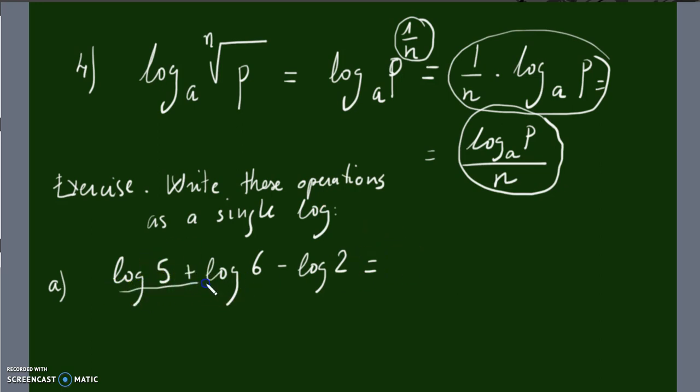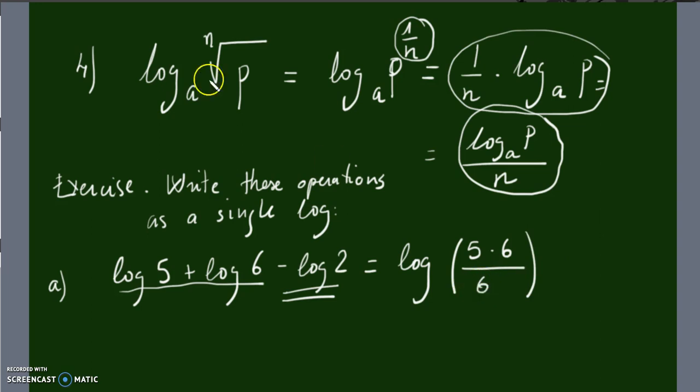In first place, we have an addition, so we're going to put brackets. We can transform this addition into a multiplication. And finally, this subtraction can be transformed into a division.